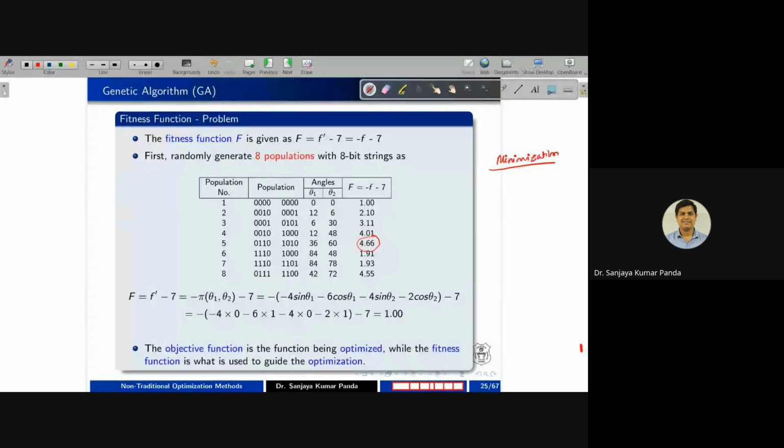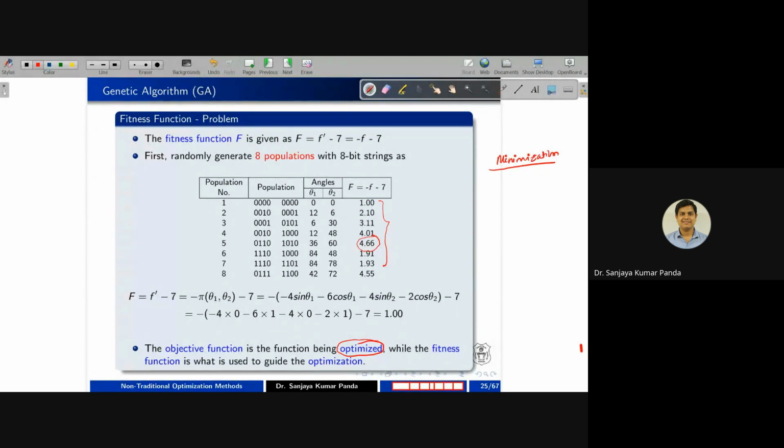As I said, I will tell you the difference between objective and fitness function. Always remember, the objective function is what you have to optimize. Optimize means either you have to minimize or you have to maximize. But the fitness function will guide you throughout the optimization. Looking at this fitness value, you can decide whether to stop or to continue, whether to pick a solution or not.